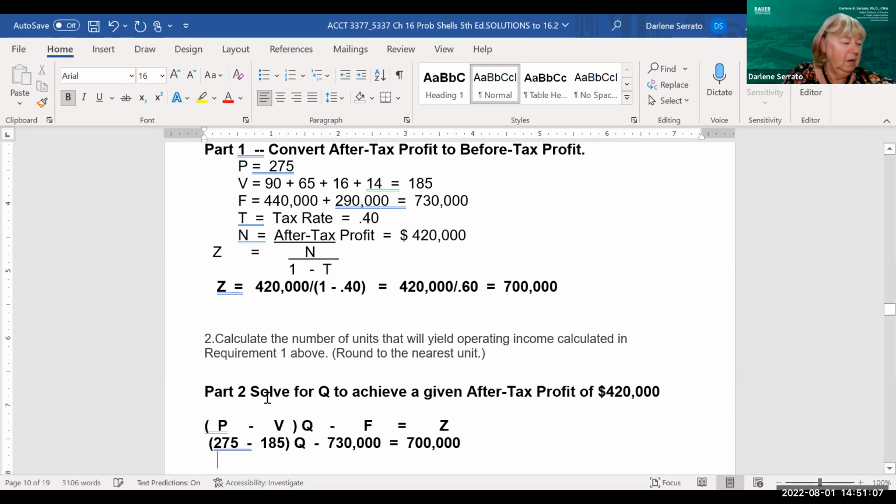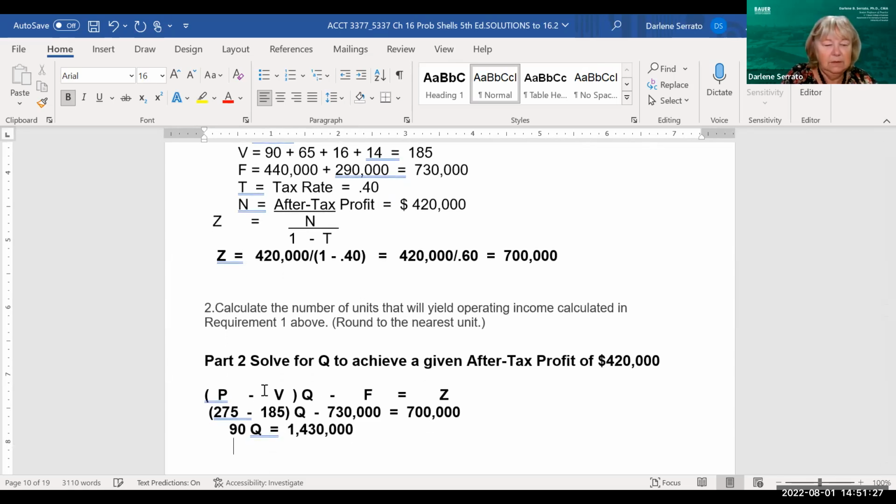So 90 Q is equal to 1,430,000. So Q is 1,430,000 divided by 90, which gives me 15,888, or 15,889.